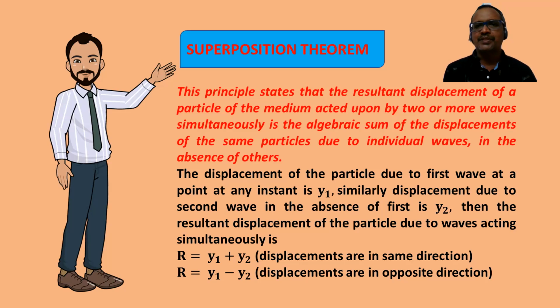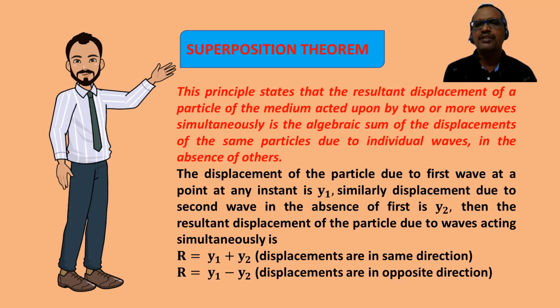Now the first wave is absent. When the second wave is propagating through the medium, the displacement produced in the same particle by the second wave is y2.